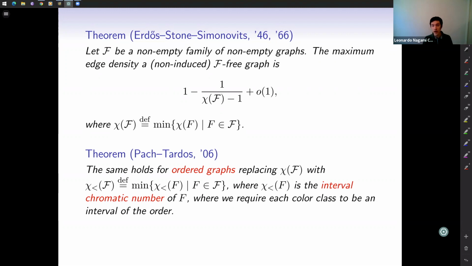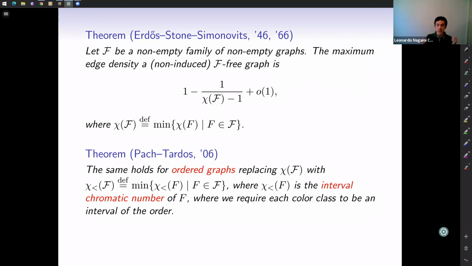So for ordered graphs, you think that you have a graph and you have ordered the vertices in some way, right? And then you take some family of ordered graphs and you forbid that family non-induced. So you cannot see a copy of a certain ordered graph. And then you ask yourself, well, let's try to maximize the edge density of this.